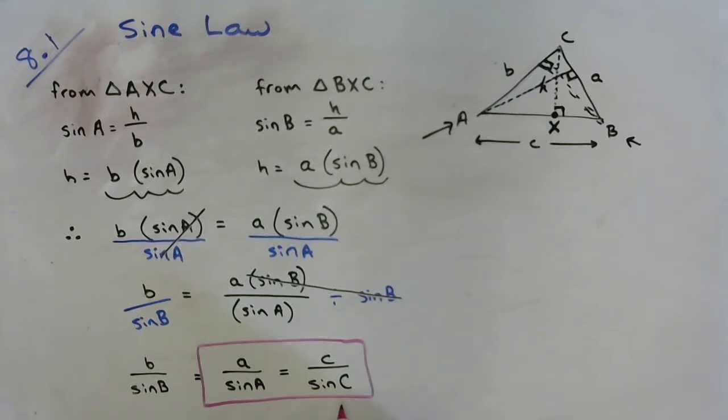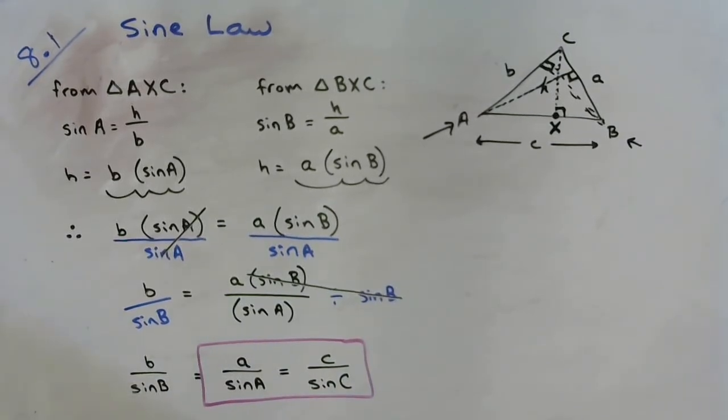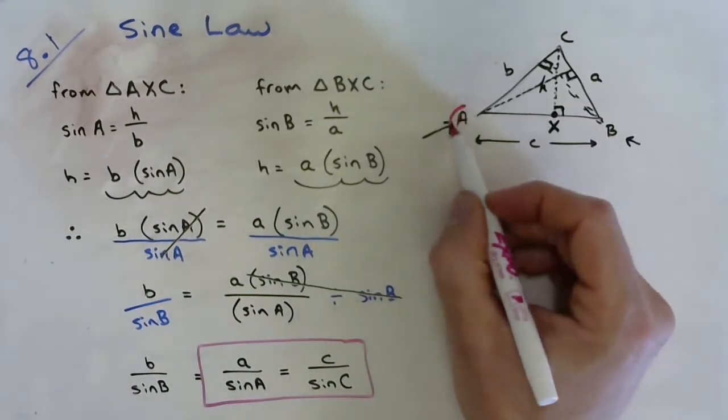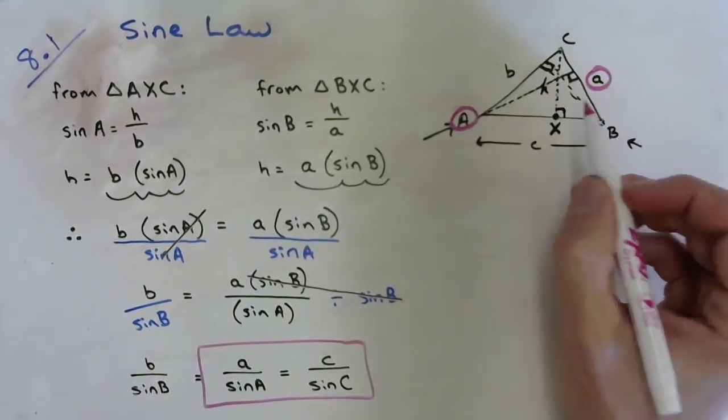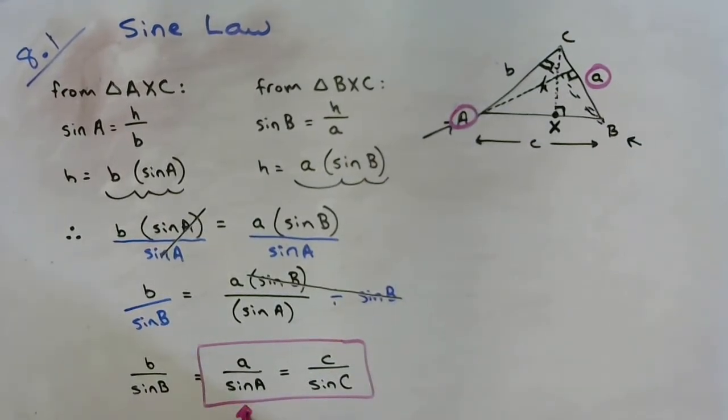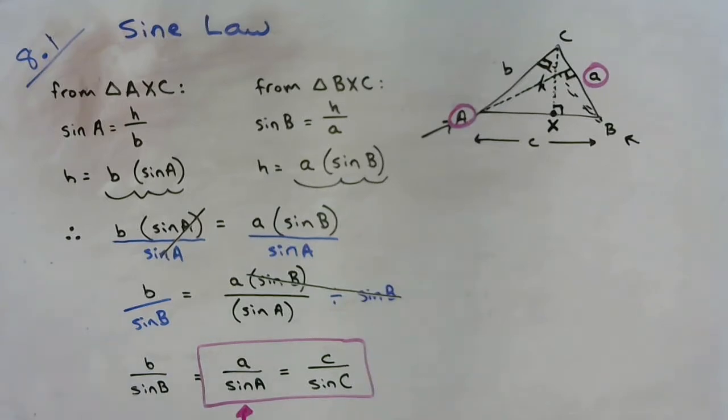And if you have all the angles, you can easily find the last side. So this is a tool that's going to get us to that point, if we have enough information to use it. If we have what I call opposite information, like angle A and side A, then I can use sine law in order to solve it because I'll have one complete ratio.